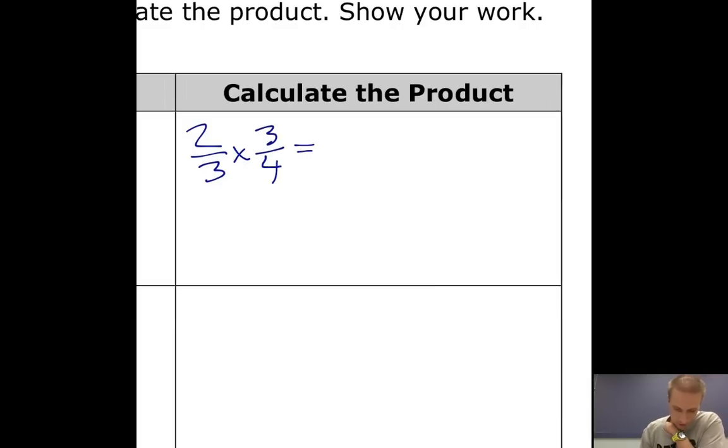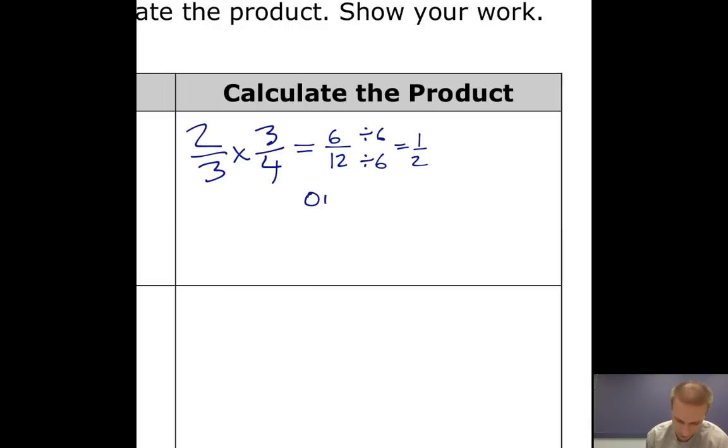And you can do numerator times numerator, so 2 times 3 is 6, and 3 times 4 is 12. And you can divide the top and the bottom by 6 to reduce it to lowest terms. That would give you 1/2. And it actually matches our estimate exactly.